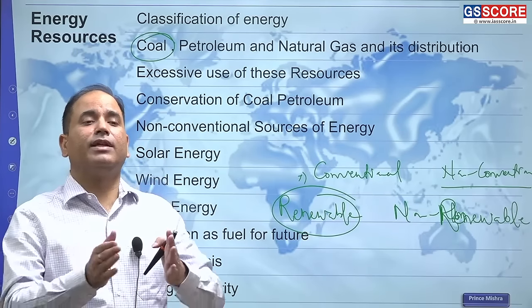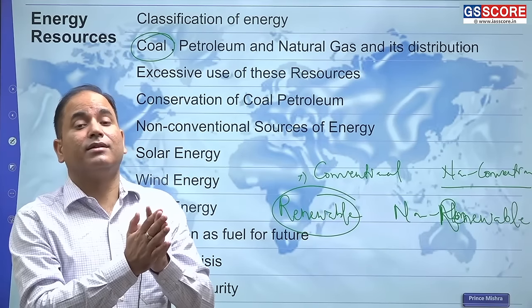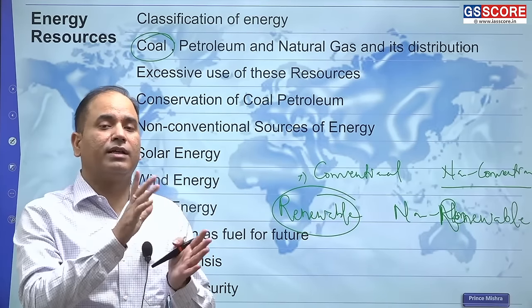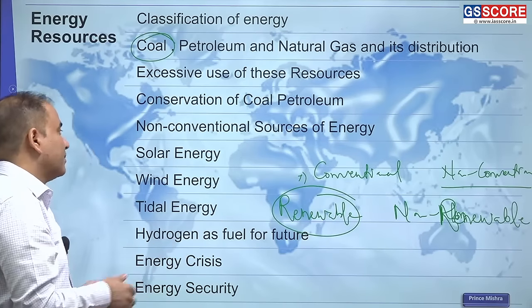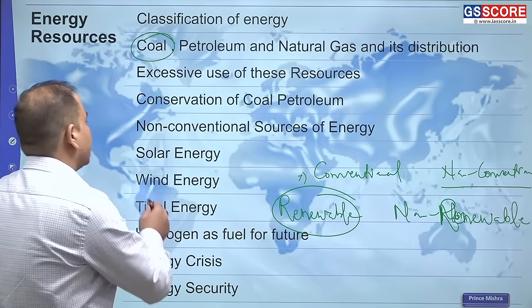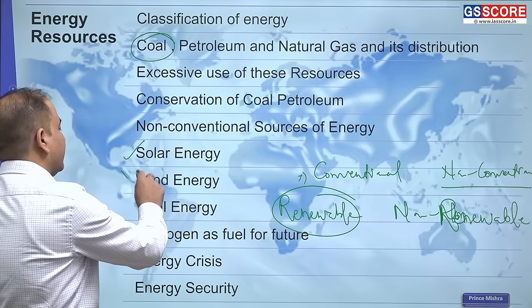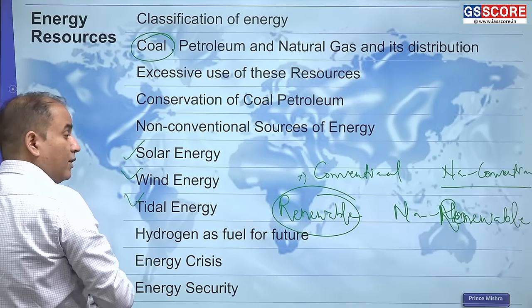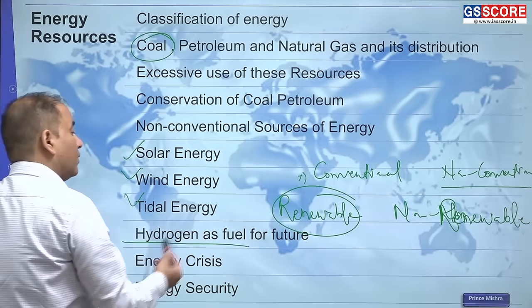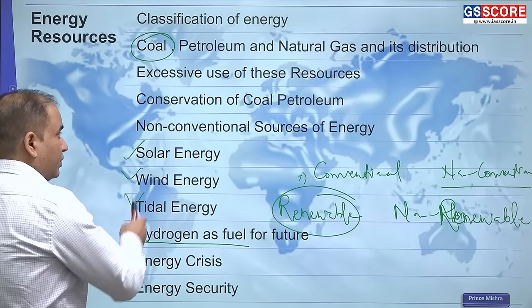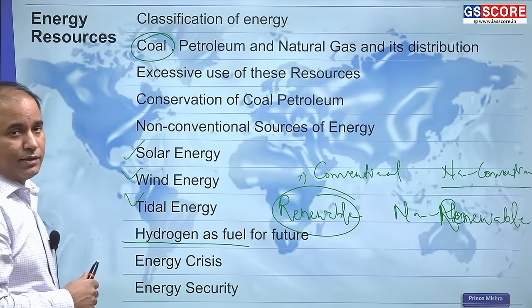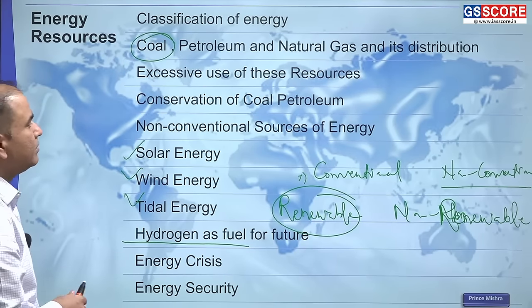That is the reason we need to look for other sources, that is renewable, non-conventional sources. So what are some of the non-conventional sources of energy? We have solar energy, wind energy, tidal energy, also hydrogen as a fuel for the future.